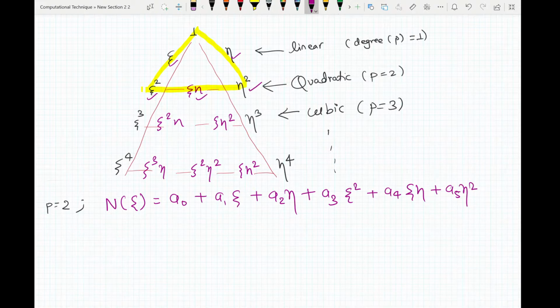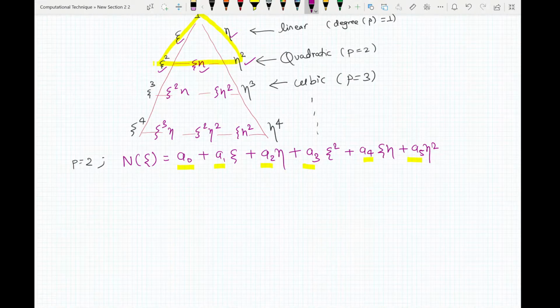Now you see there will be 6 terms. The number of terms from the Pascal's triangle to make the shape functions complete will be given by (p plus 1)(p plus 2) by 2.